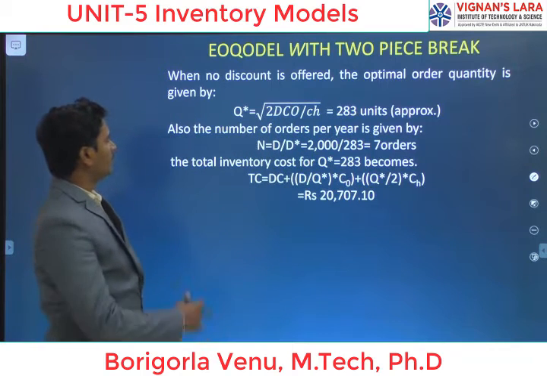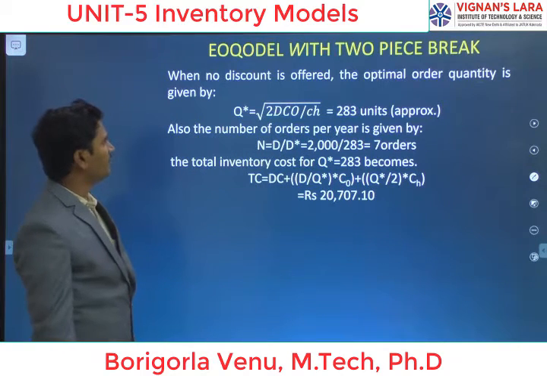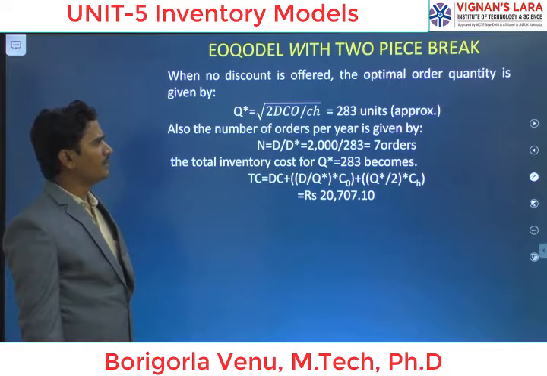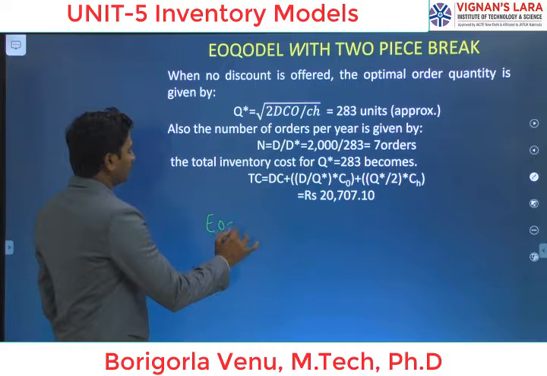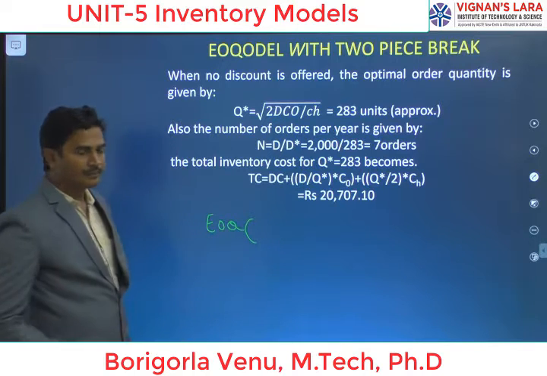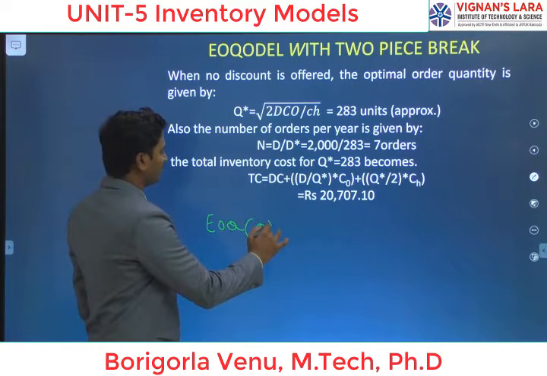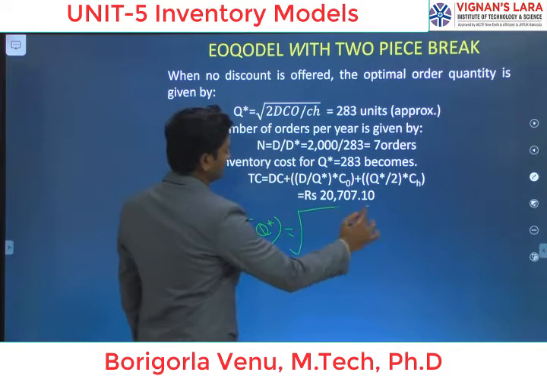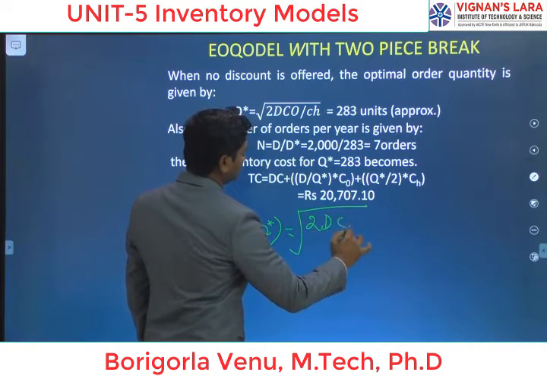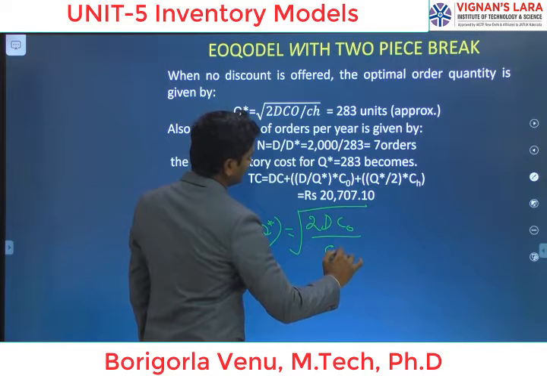Okay, here we are going to calculate when no discount is offered, the optimal order quantity given by the EOQ, that we indicate as Q star, which is equal to the square root of 2 D C0 by CH.